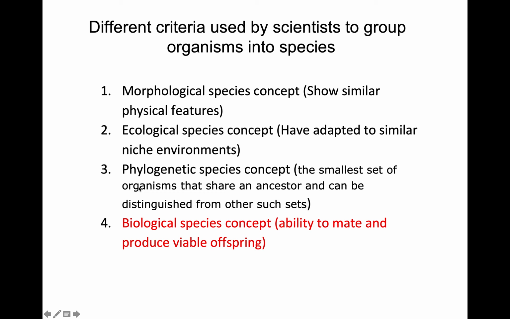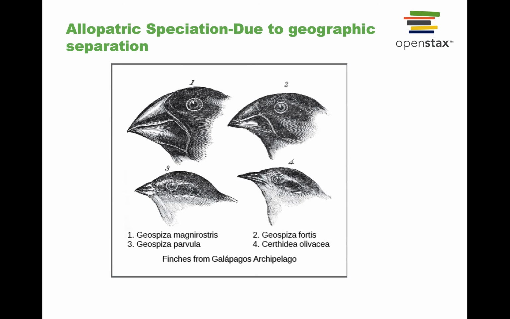Specifically, the phylogenetic species concept is really useful. But for this presentation, we're going to focus on mechanisms that give rise to species based on the ability to reproduce and produce viable and fertile offspring. So there are different types of speciation.